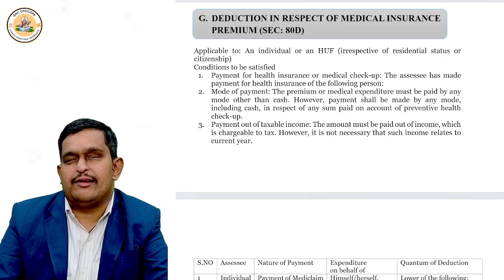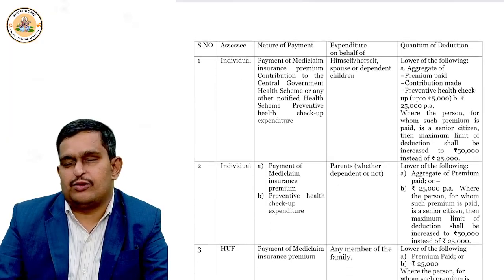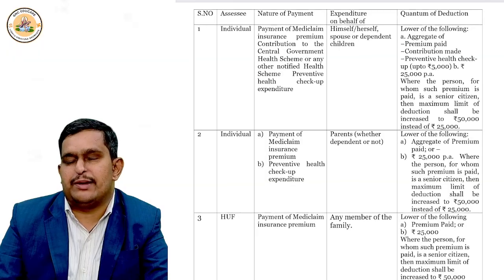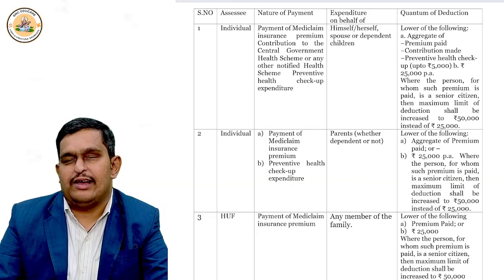So suppose you are an individual, you can pay medical insurance premium for self, spouse, children only, right? Or second category, it may be for parents also, right? Parents may be dependent or independent, doesn't matter. Okay, this is how you should remember.